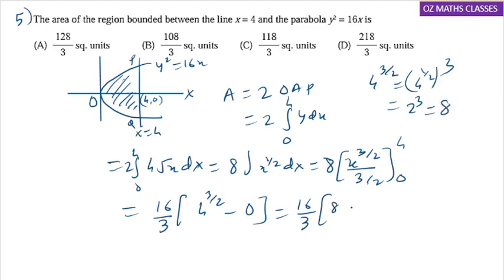So 8 minus 0, and 16 into 8 is 128 by 3. So 128 by 3 square unit.